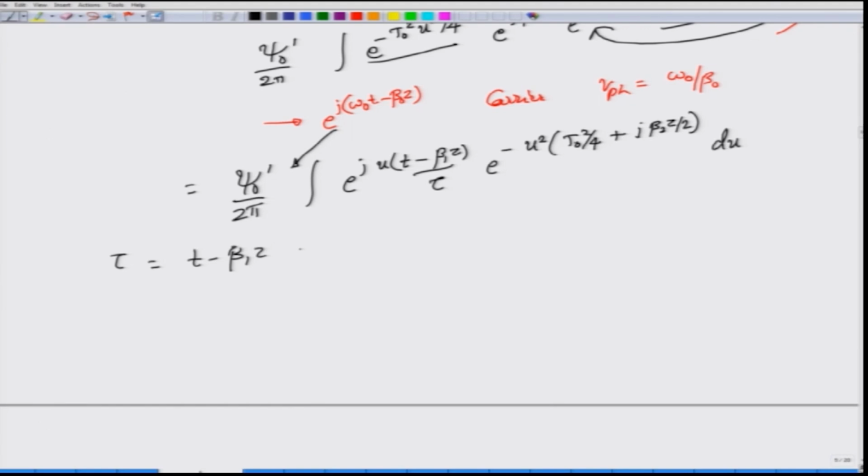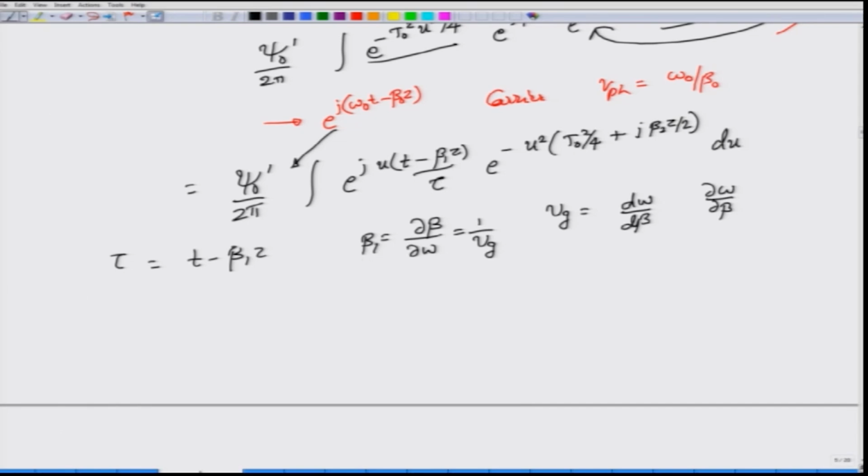You will appreciate this better if you remember what beta 1 is. Beta 1 is the differentiation of beta with respect to omega. Remember, we had defined group velocity as d omega by d beta, or equivalently del omega by del beta. So, del beta by del omega must be 1 by Vg. Beta 1 is like a group delay, and divided by L it will give you the group delay.